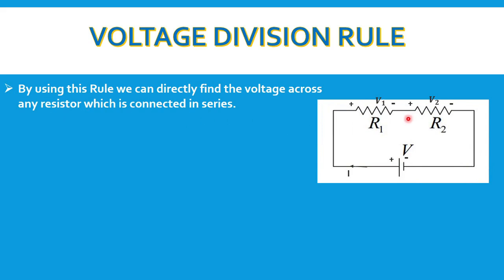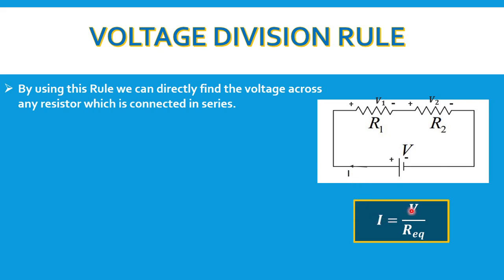Here I have taken one circuit diagram in which two resistors R1 and R2 are connected in series and the supplied voltage is V. This is the positive terminal of the supplied voltage, so the conventional current direction is this I.